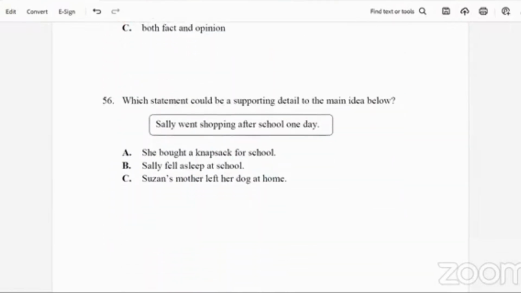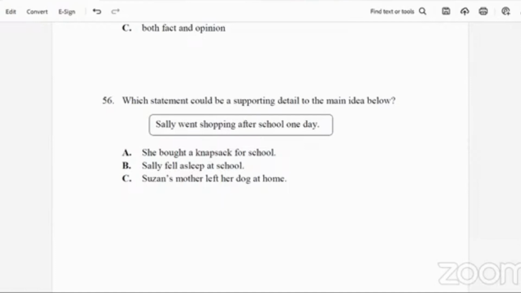All right, question 56. Which statement could be a supporting detail to the main idea below? Sally went shopping after school one day. So what's a supporting detail to the main idea? Something that would add or make sense to be added to this, part of this theme. She bought a knapsack for school. She fell asleep at school. Susan's mother left her dog at home.